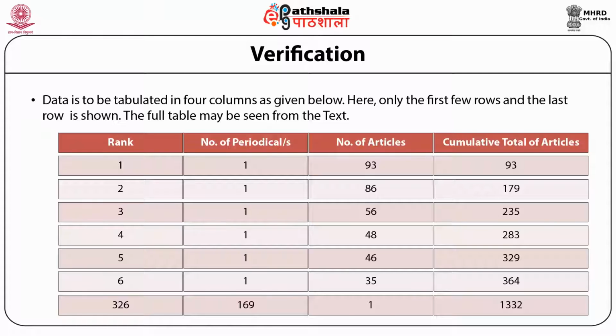Here we find in the first row, that is rank 1, number of periodicals 1, number of articles 93, cumulative total 93. In this way, when we come to the 8th rank, we find that there is 1 periodical and the number of articles is 20 and the cumulative total is 412.